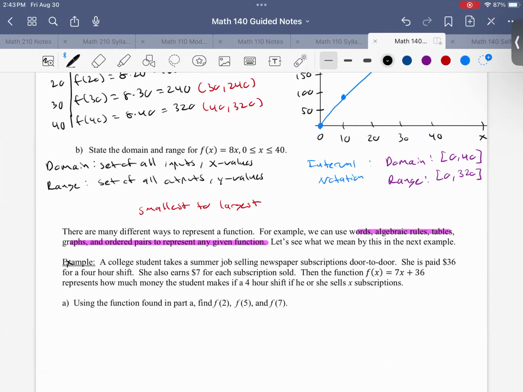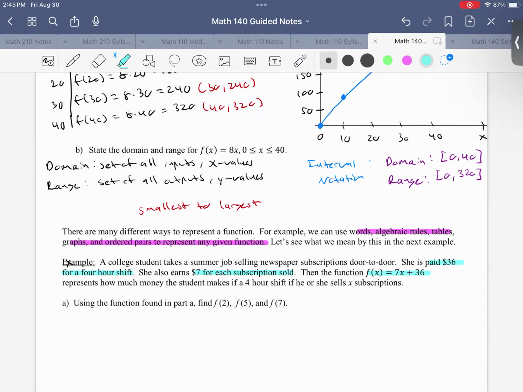A college student takes a summer job selling newspaper subscriptions door to door. She is paid $36 for a 4-hour shift, and she also earns $7 if she sells a subscription. So the function that represents how much money she makes in her 4-hour shift could look something like 7 times how many subscriptions she sells plus the $36 she will already have made.